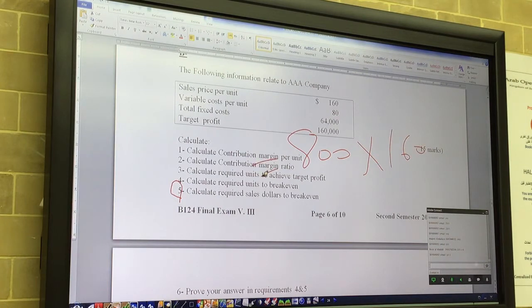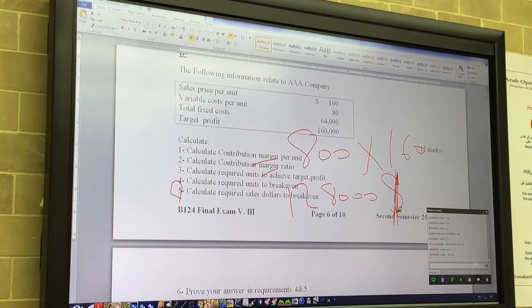This means the break even point in dollars. So 800 multiplied by 160 is 128,000. You will also write it as dollars.